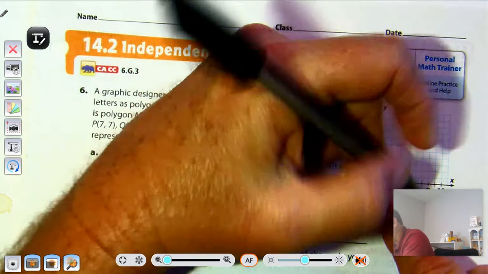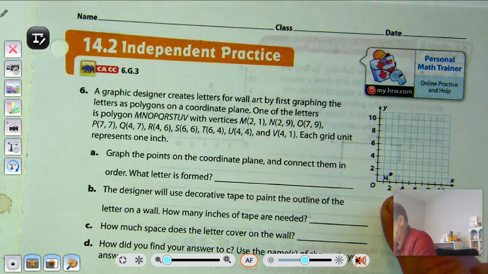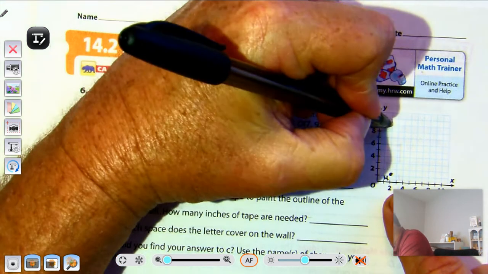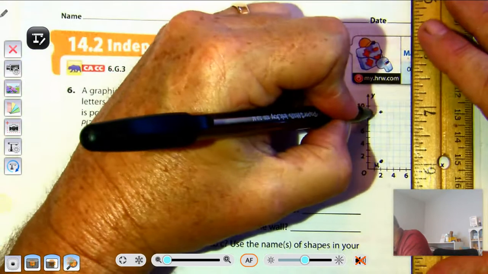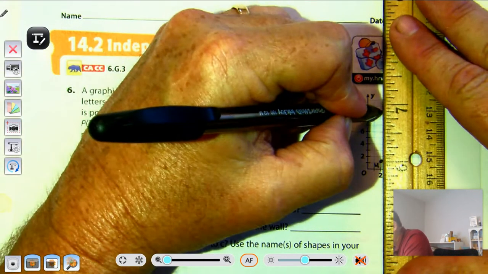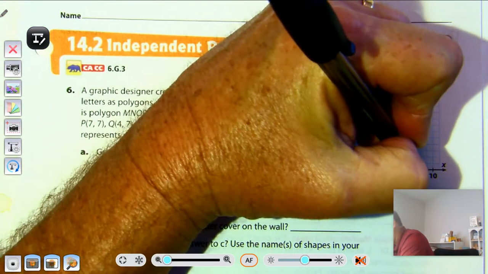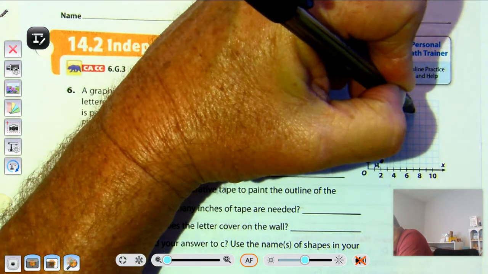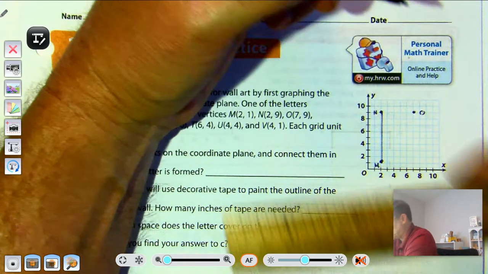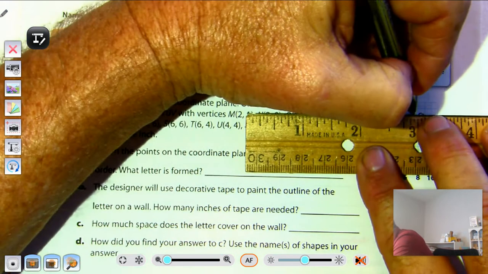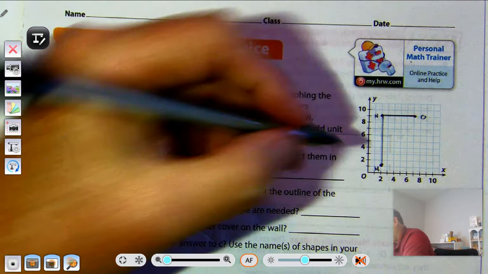M is at 2, 1. N is at 2, 9. And we can join these as we go. O is at 7, 9. P is at 7, 7.